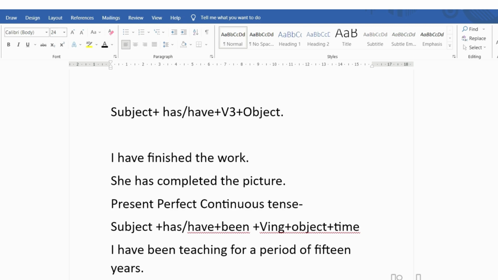In this sentence, I have been teaching for a period of 15 years means I started teaching 15 years back, but it has continued since then. Okay, I have completed a span of 15 years in teaching. So I cannot take it as past tense because I continue teaching. Okay, so this is all about present tense.